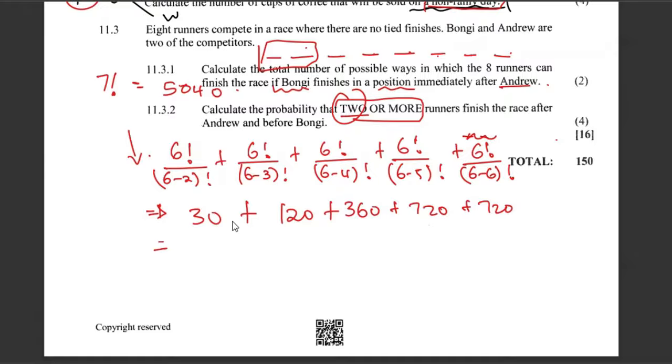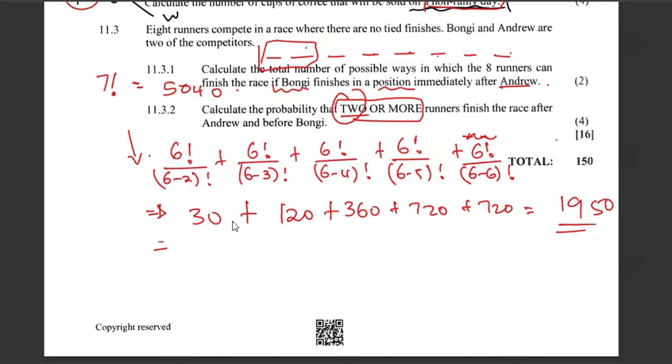So I just need to add up all those numbers, 30 plus 120 plus 360 plus the 720, and then plus another 720. Okay, so this is giving me 1950 as my final output.